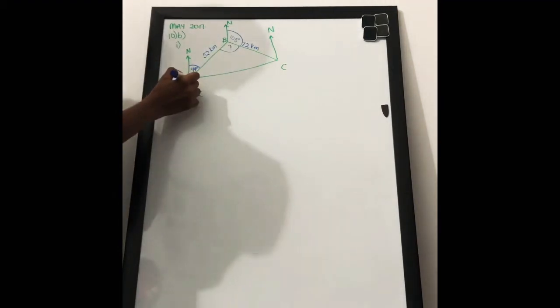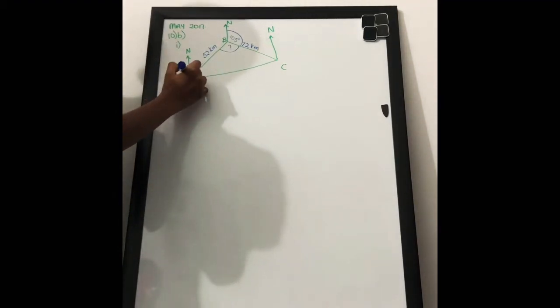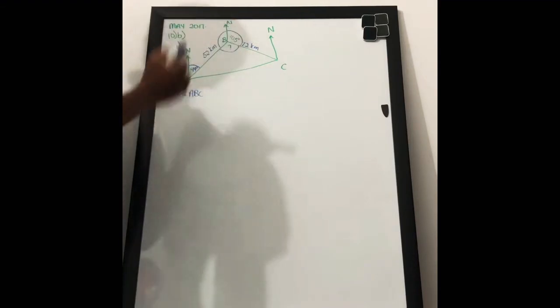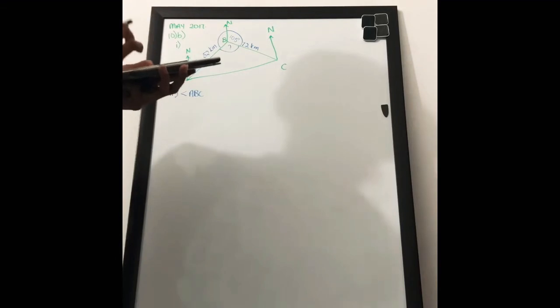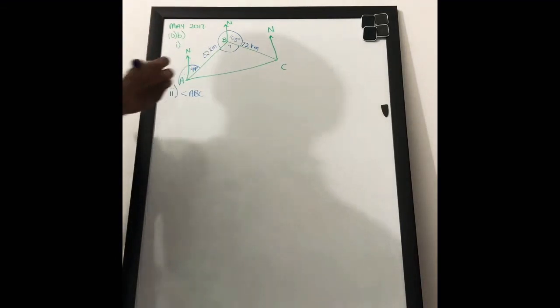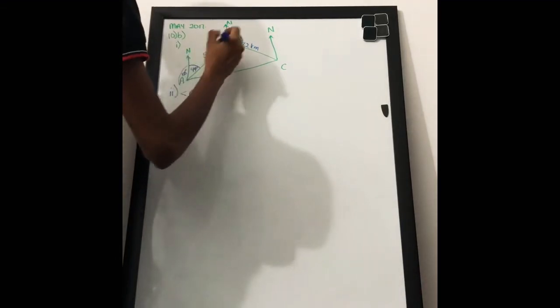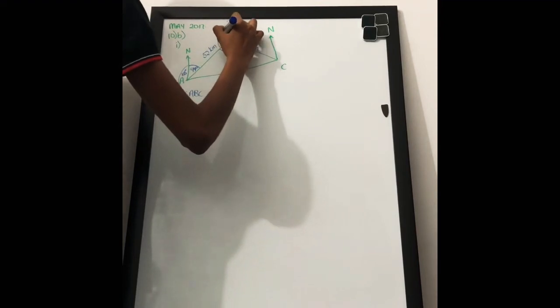Now, similarly, if we extend this line, this angle would be equal to this angle here. And to get this angle is just 180 minus 44, which is 136. So therefore here would be 136 as well.